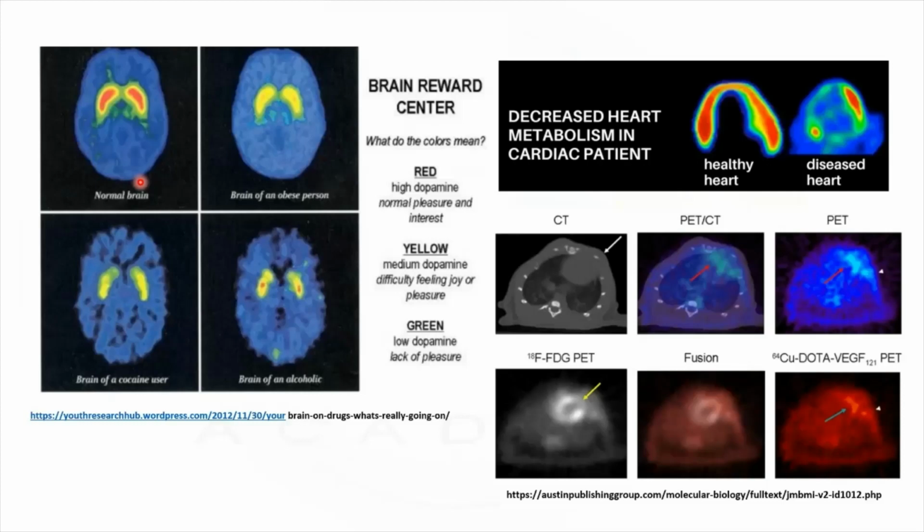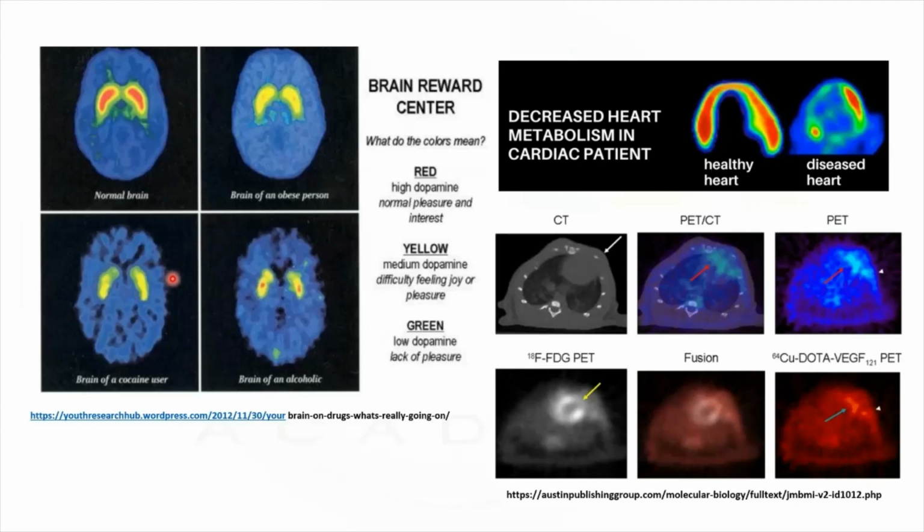And that's about some of the normal brain scans. We can see in a normal brain there is a higher density of dopaminergic receptors, but as the brain becomes pathological in nature, like that's the brain of an obese person, we can see reduced dopaminergic neurons over here. And those are the changes in these brain scans under different conditions.